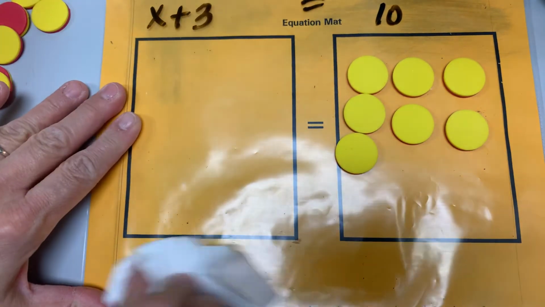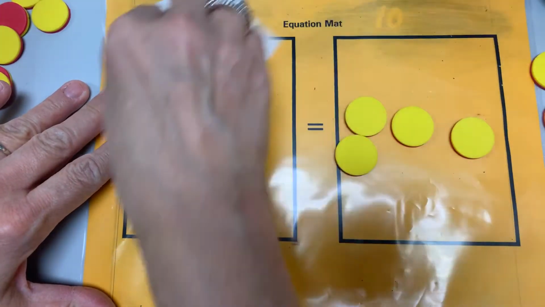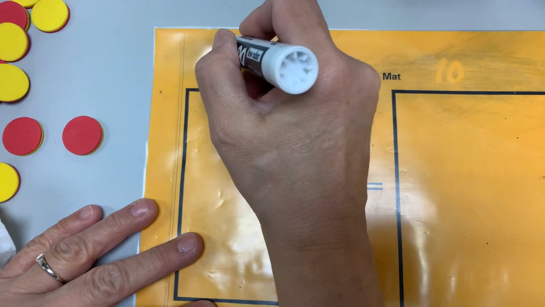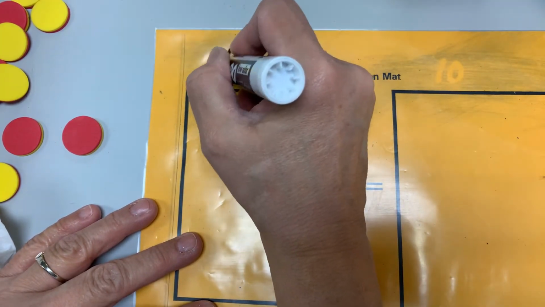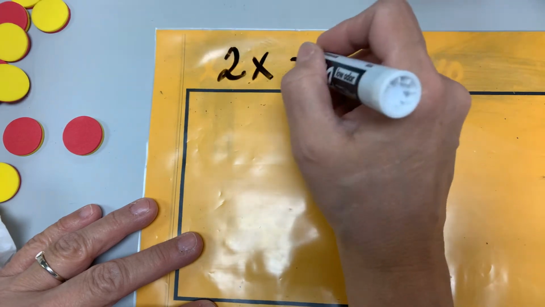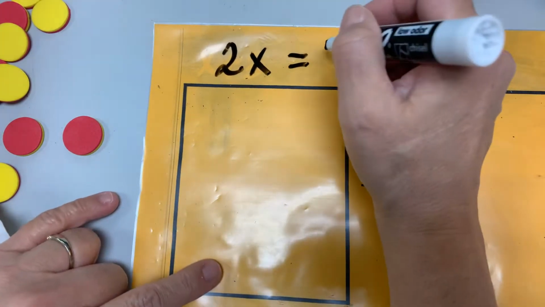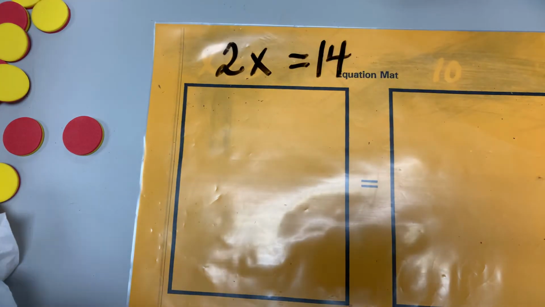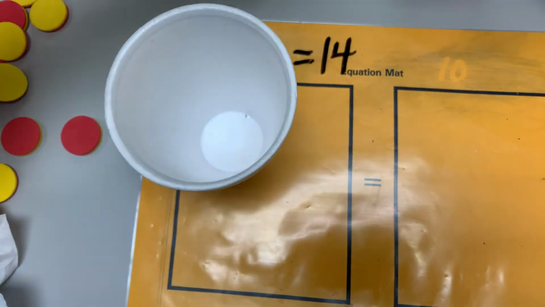Let's have 2x equals 14, okay? So that means I'm going to need 2 positive cups, right?